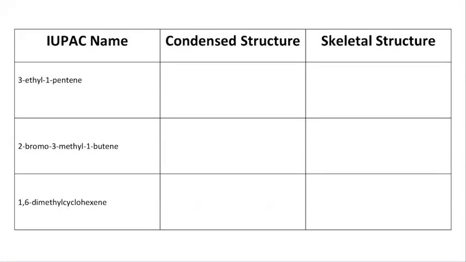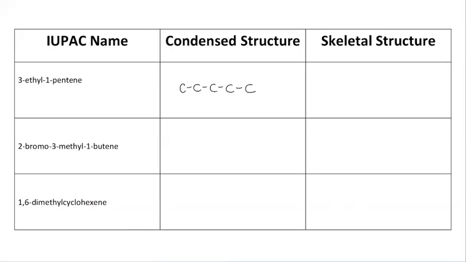So if I have a pentene, how many carbons do I have for a pentene? Great. We got 5 in a row. So if I'm drawing my condensed structure, I'm going to go 1, 2, 3, 4, 5. Okay.